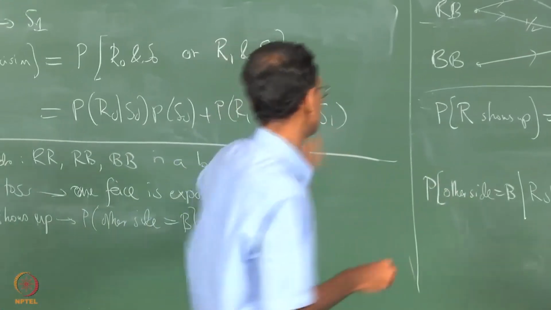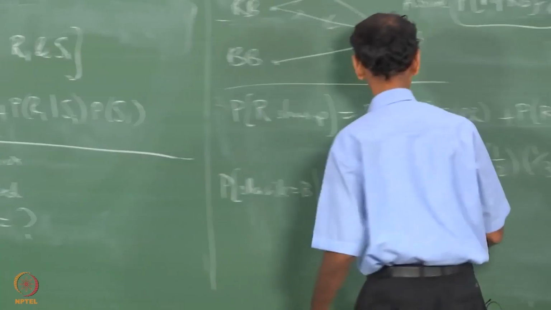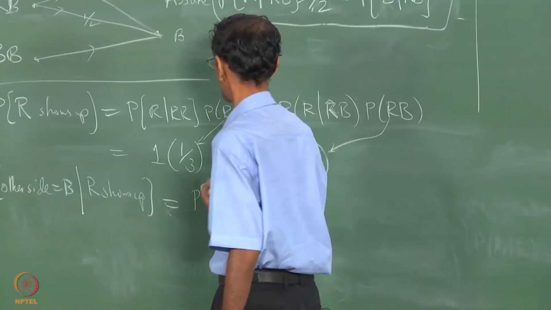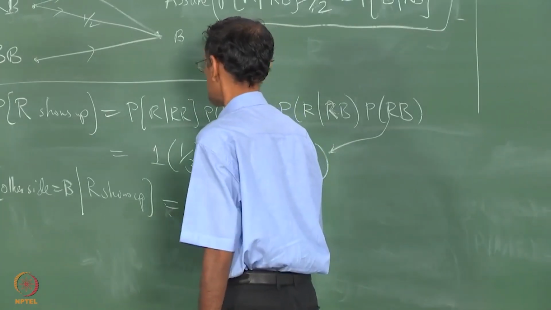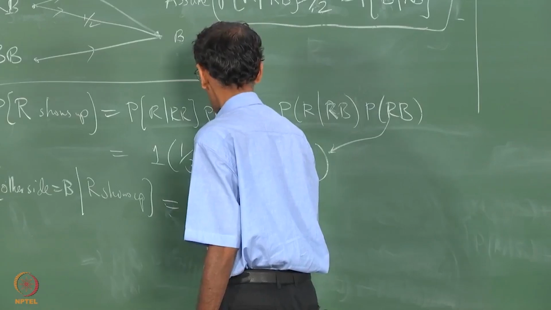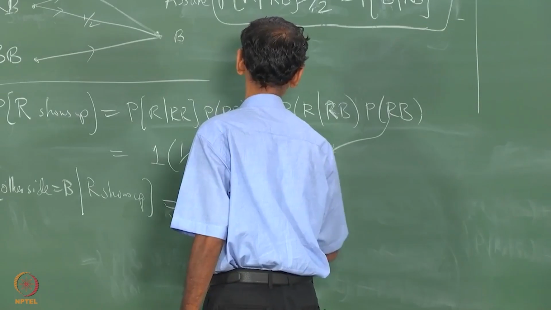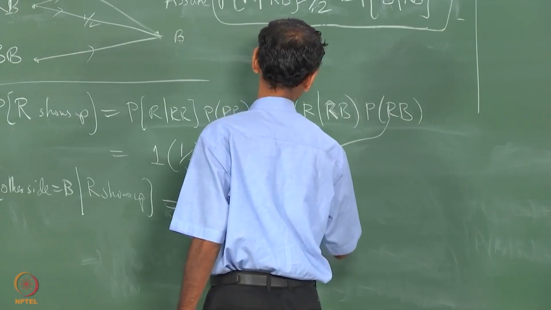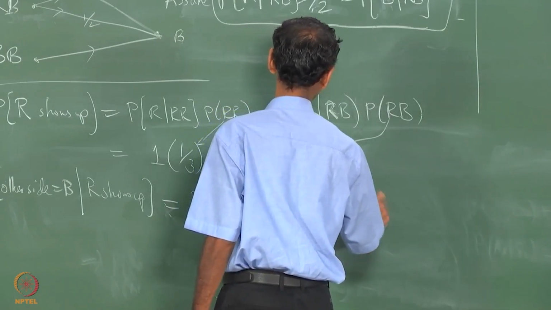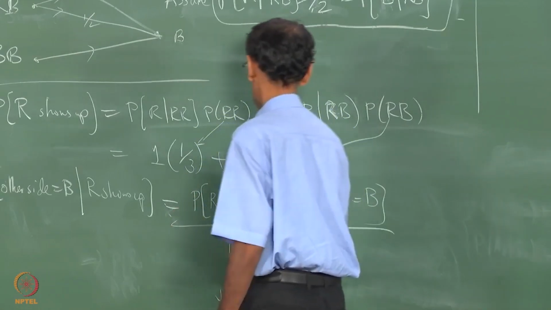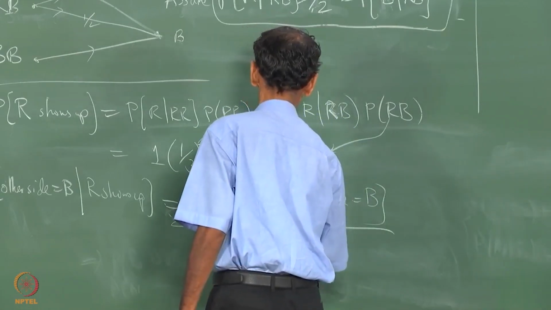Let me first write the point in English: R shows up and the other side is B, divided by the probability that R shows up.